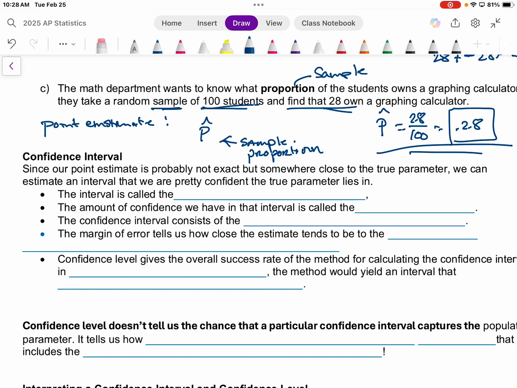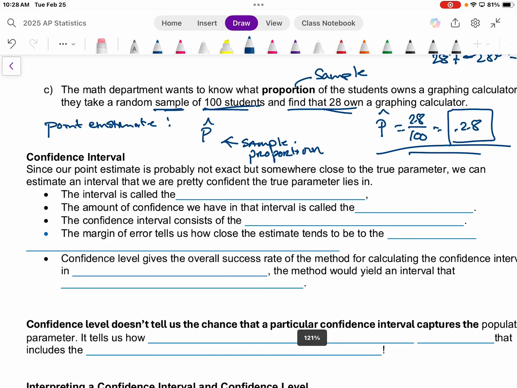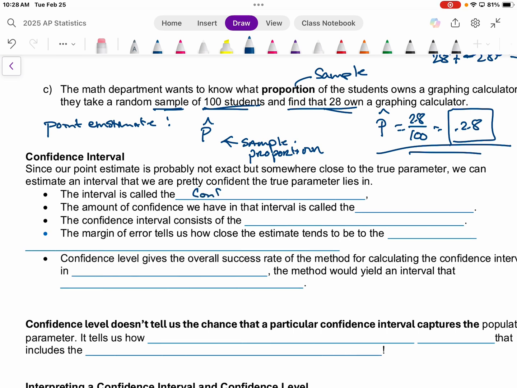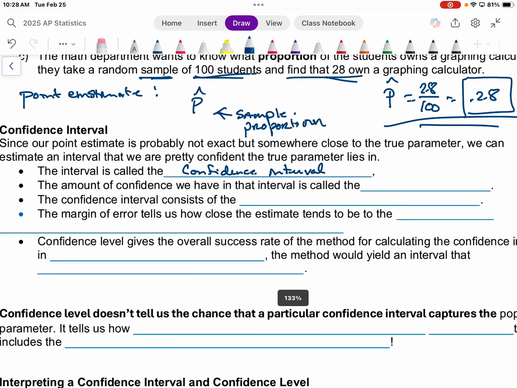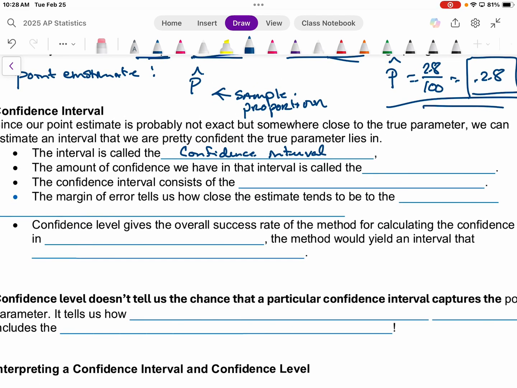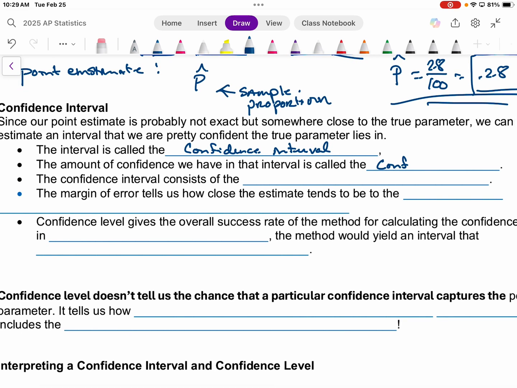The interval, as we look at this, is called the confidence interval. The amount of confidence we have in the interval is called the confidence level. We're going to have to interpret a confidence interval and the confidence level, and we have some script for that.